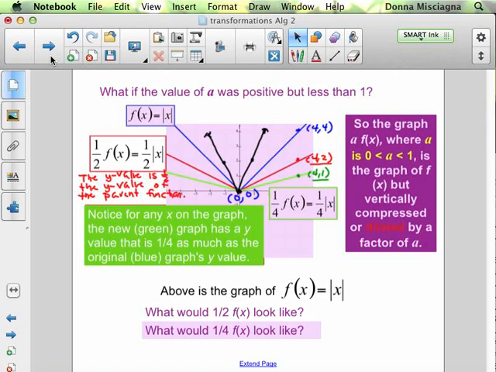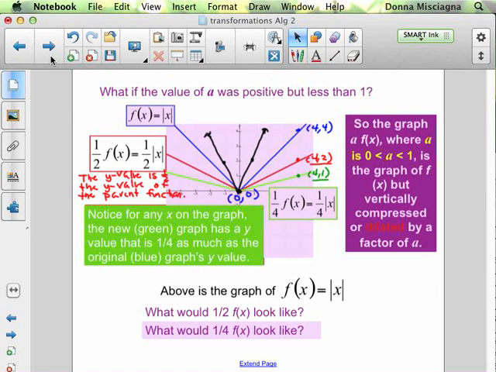So now all of our y values are half as much. Notice the blue graph has the point (4, 4) because the absolute value of 4 is 4. The red graph has (4, 2), half as much. Because if you take the absolute value of 4 and multiply by half, you only have half as much. And if you multiply by a fourth, you only have a fourth as much.